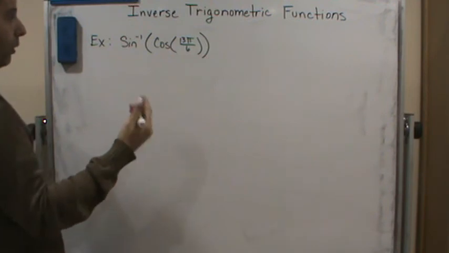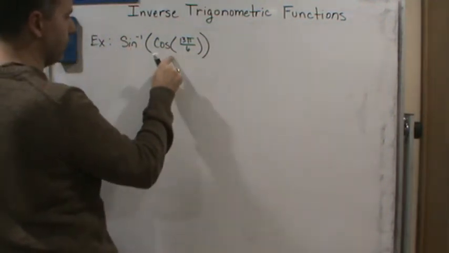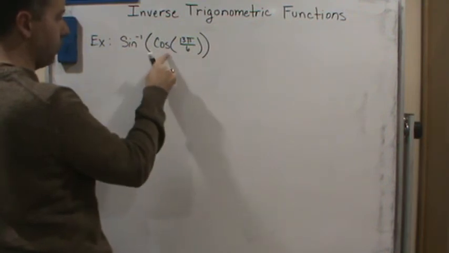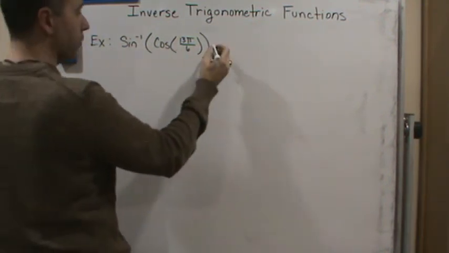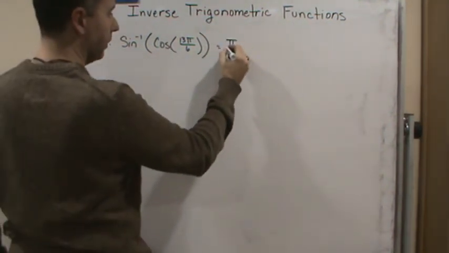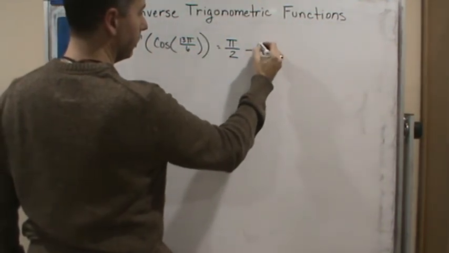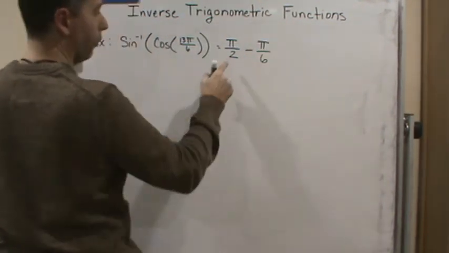So I take that pi over 6, and I know this is going to equal, because I have sine and cosine, all I have to do is take that angle, pi over 6, and subtract it from pi over 2. And what do I get?